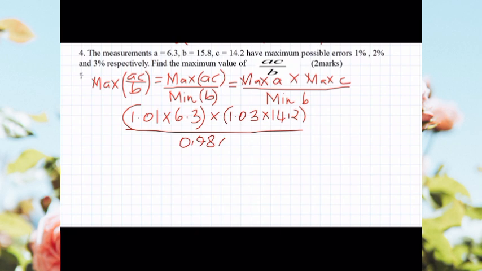And then you multiply by the value of B, which is now 15.8. And now, when you work out this, you're going to obtain 6.0104. And hence, this is going to be the maximum value of the product AC divided by B.